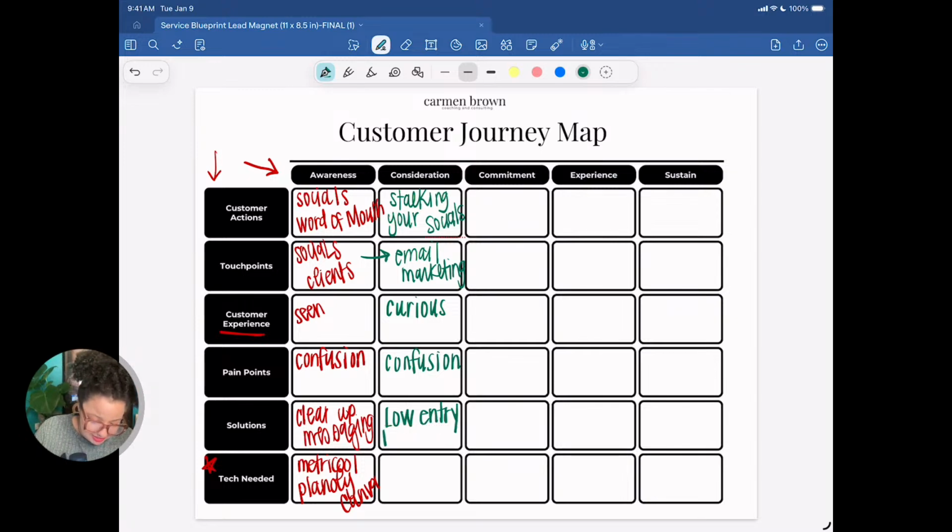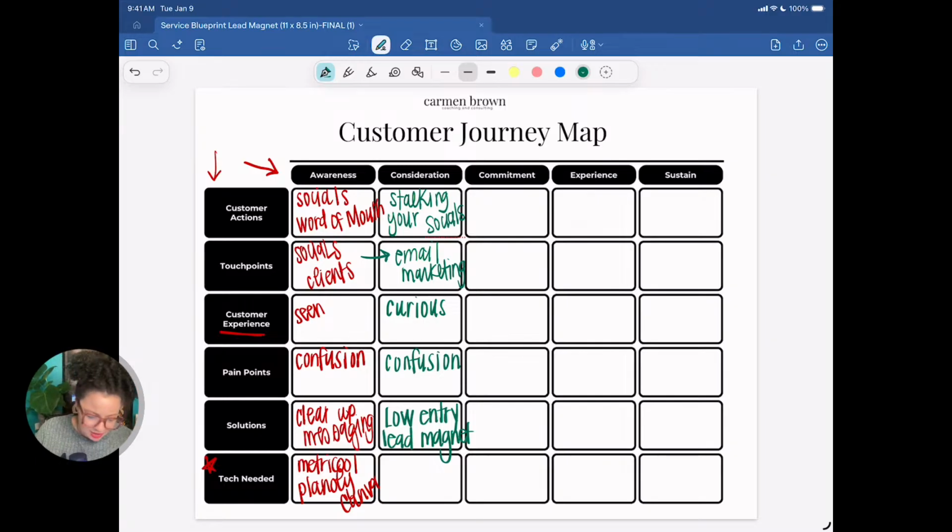This could also be a high quality lead magnet where they are like, okay, this is really helpful. So, because this is really helpful, she might be the person for me.